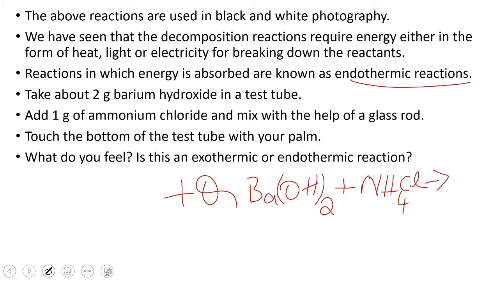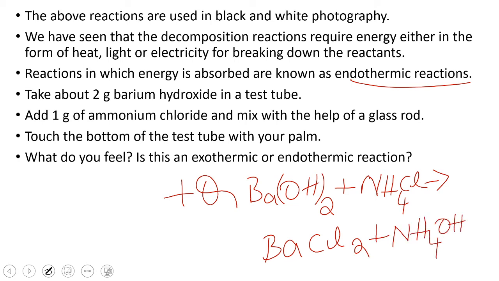The products formed are barium chloride, BaCl2, and ammonium hydroxide, NH4OH. Initially when they are mixed, some temperature is there. After the products are formed, the temperature decreased, meaning that energy is absorbed. So this is an endothermic reaction, right?